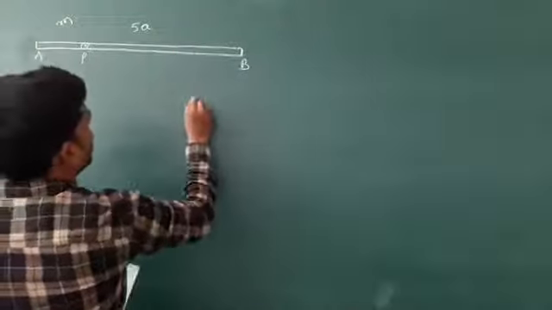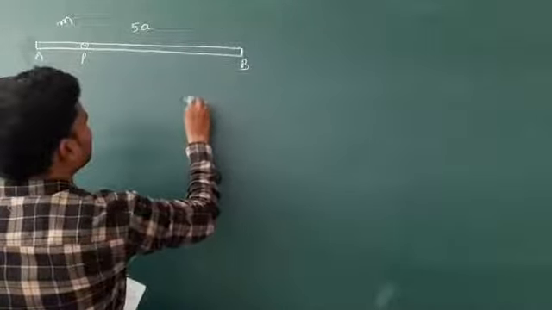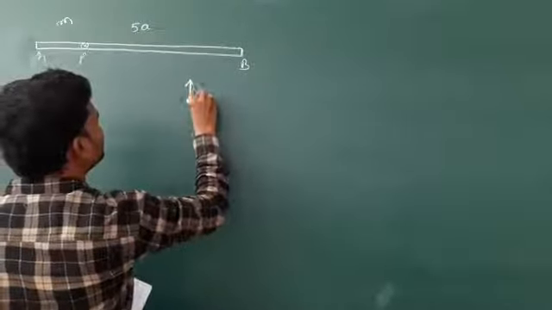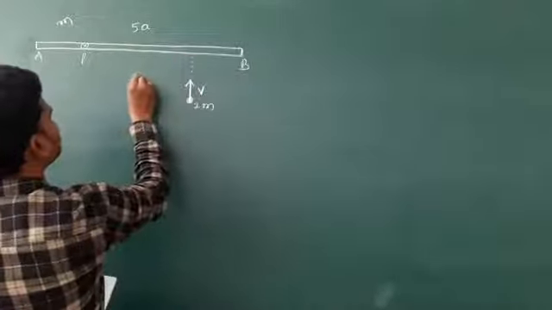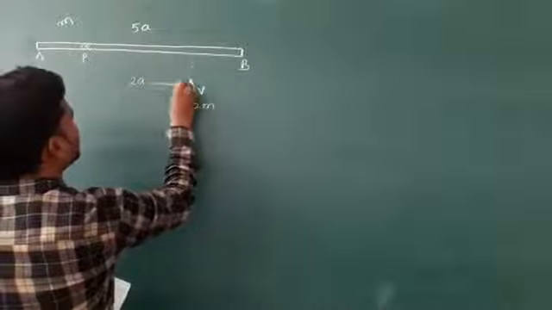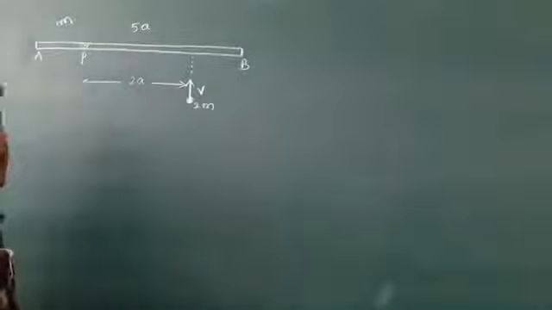And here a particle whose mass is 2m moves with a speed V, which strikes the rod at the distance mentioned already, 2a from point P. Okay, so this is what they gave.